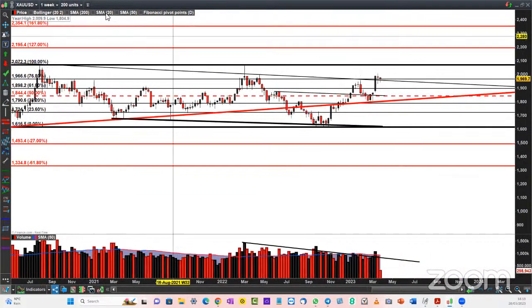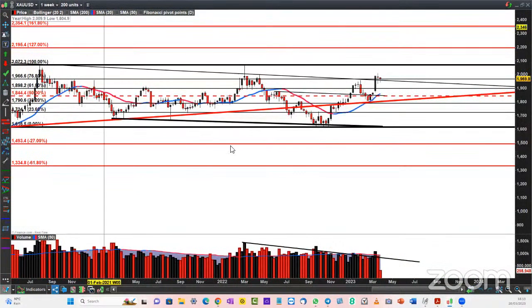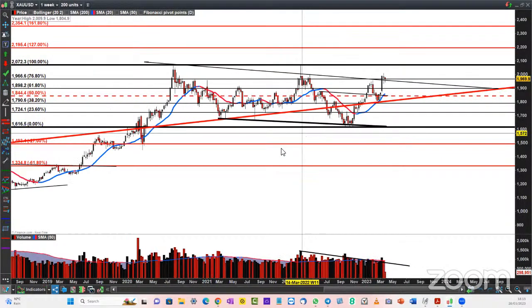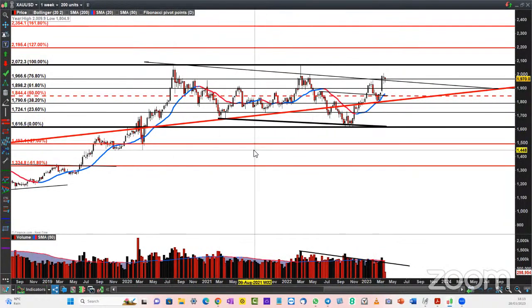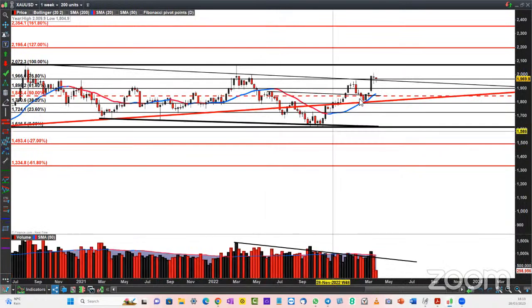If you add the 20-day moving average, you will see that not only are all dips bought in gold, but we are currently well and truly above the 20-day average. I think at the moment we are consolidating. We had this big push up in the week beginning the 13th, so at the moment we are moving sideways as this average has got a little bit stretched.